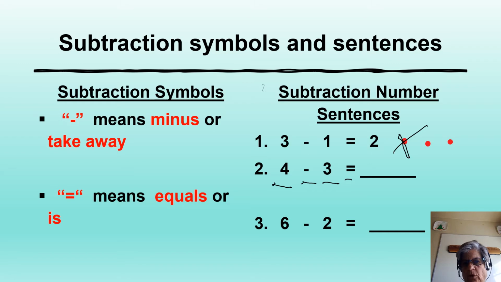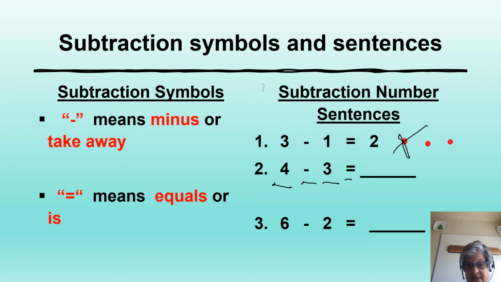We're waiting for more people to finish, so just be patient. This again: 4 minus or take away 3 equals. You copy it right like I did on sentence number 2.